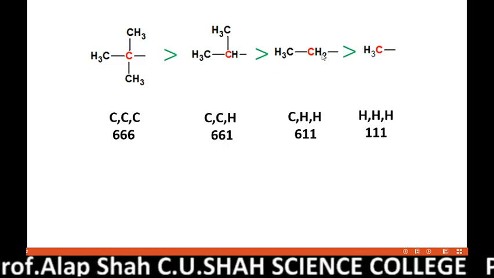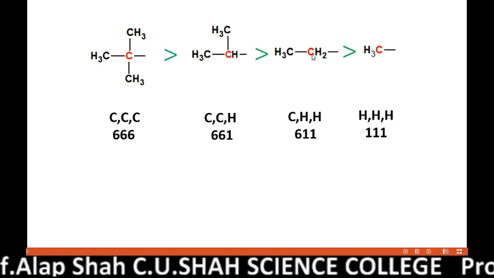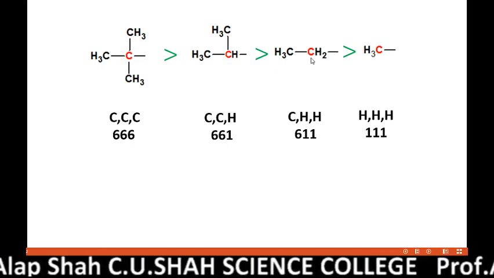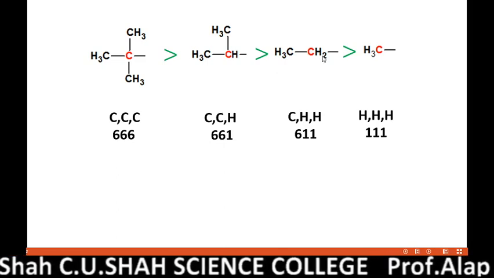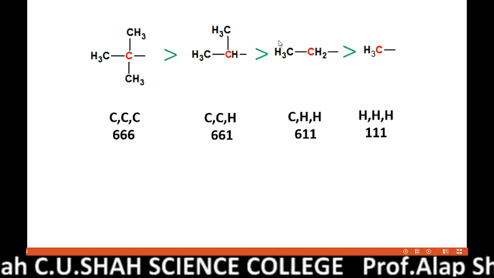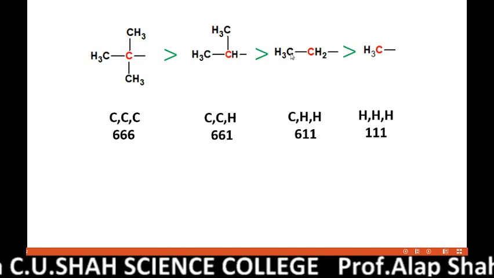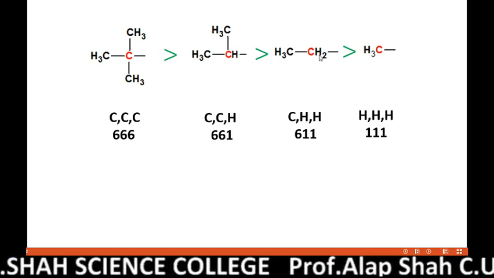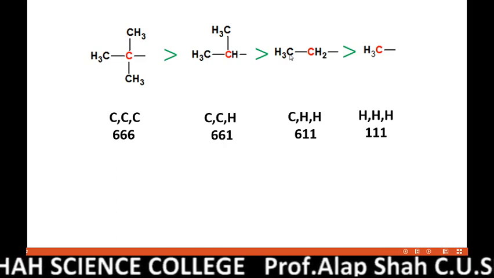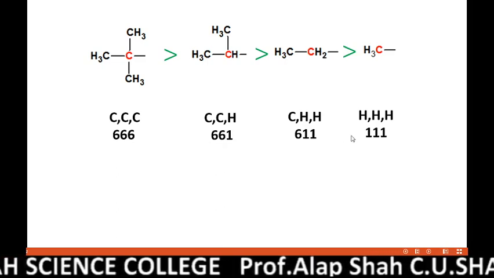Now another group could be ethyl. This carbon is attached to the asymmetric carbon, the red one, having two hydrogens and one methyl group, so one carbon directly attached. If you compare ethyl and methyl, here you write 1 1 and 6, against 1 1 1.